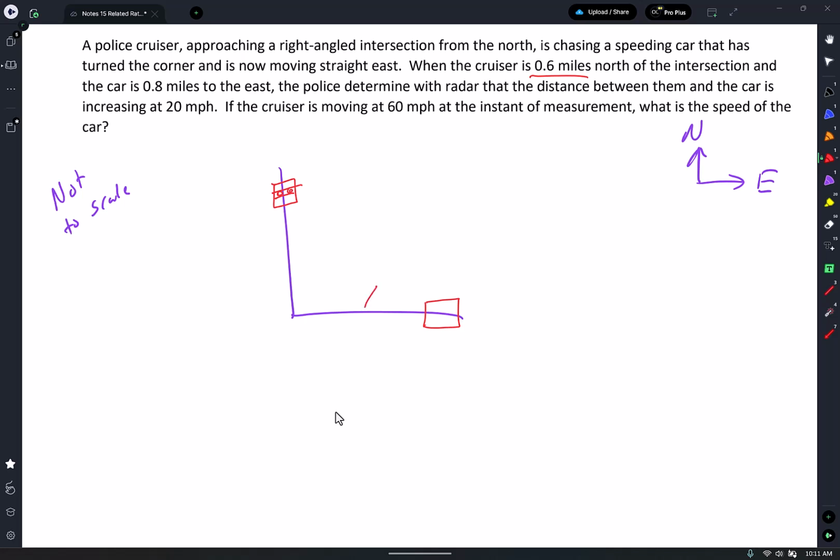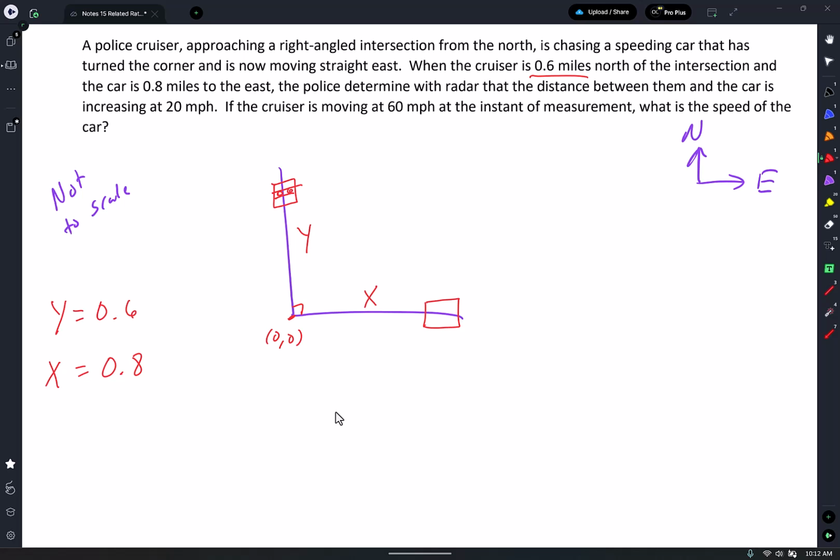So put the letter X and the letter Y. When the cruiser is 0.6 miles north of the intersection, that's Y equals 0.6. And the car is 0.8 miles to the east of the intersection, so X is 0.8. So this is like my origin, 0, 0. Are we still okay? Okay.